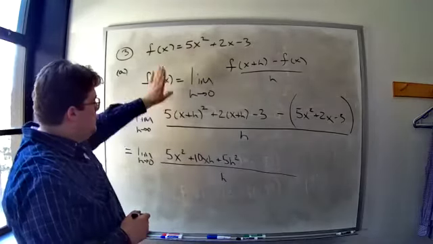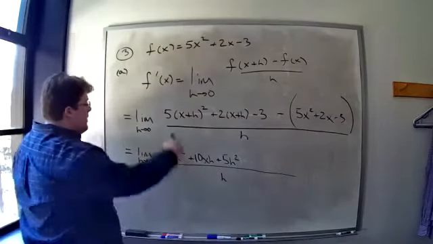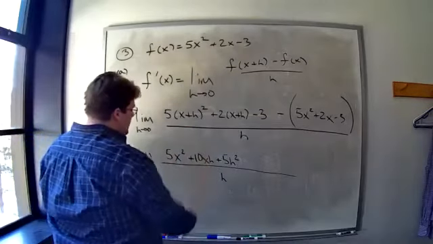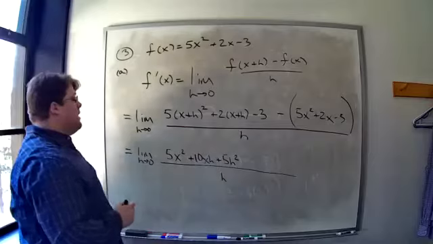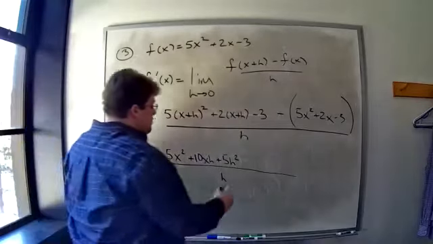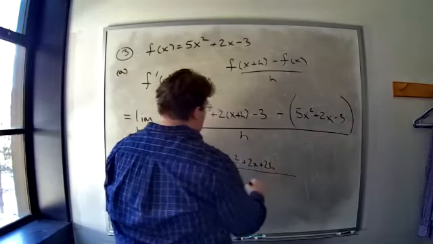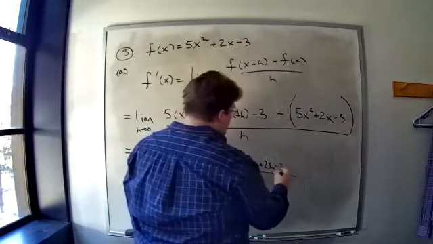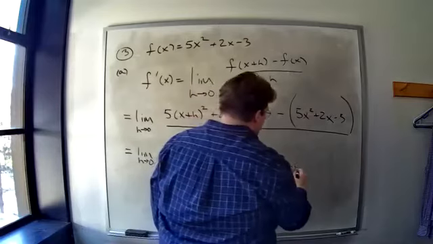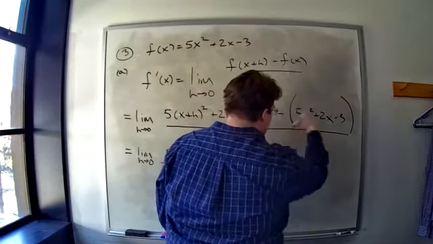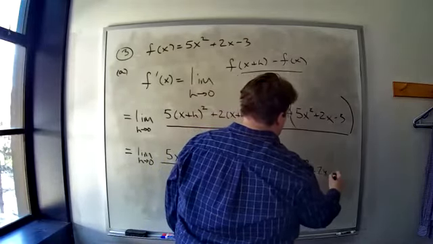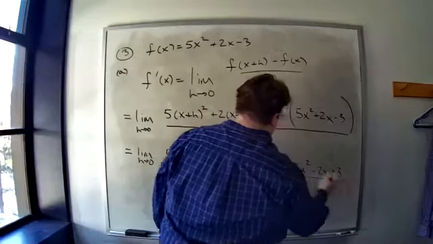So x squared, 2xh, h squared with an extra 5 on everything makes 5x squared, 10xh, 5h squared. Distribute this 2, we get 2x, we get 2h, negative 3 is negative 3. Distribute the negative, negative 5x squared, negative 2x, and a positive 3.